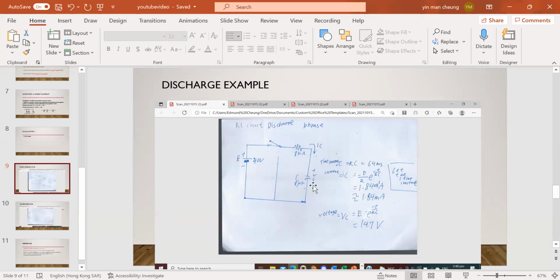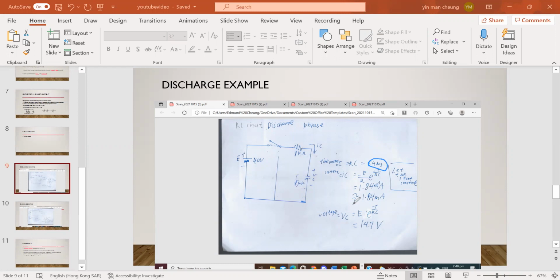In this case, it is 64 milliamps, because its resistance is 8,000 ohms, and the capacitance is 8 millifarads.